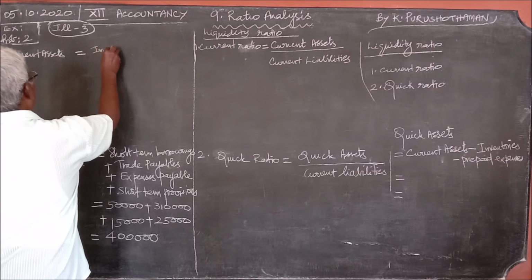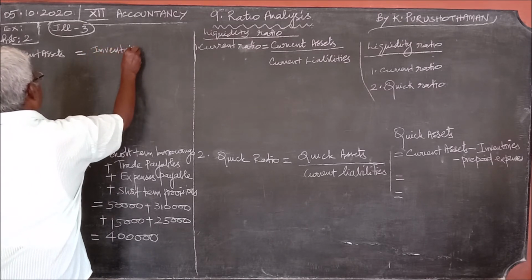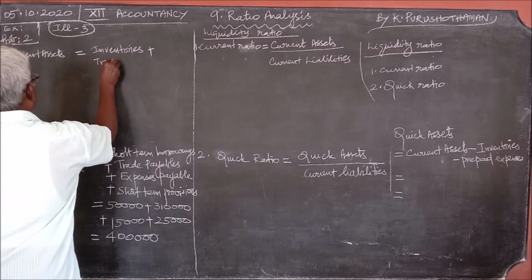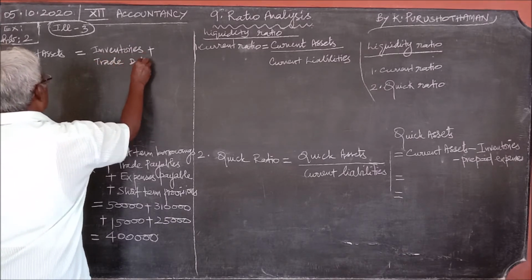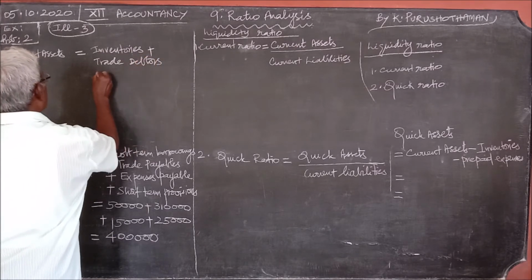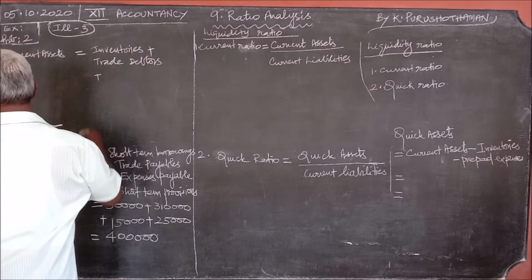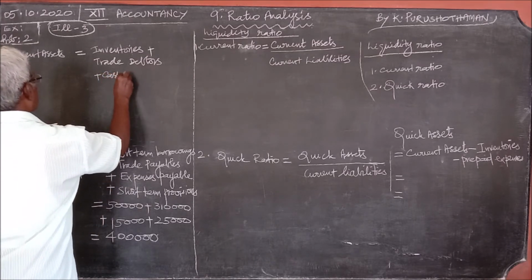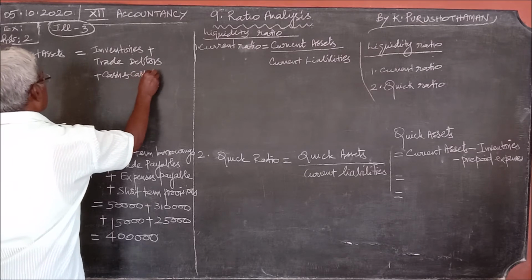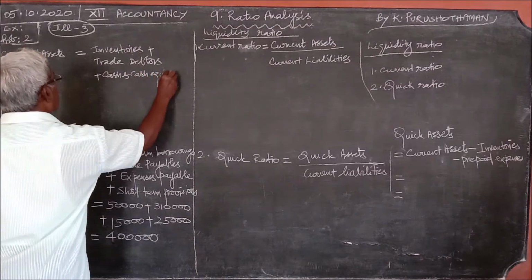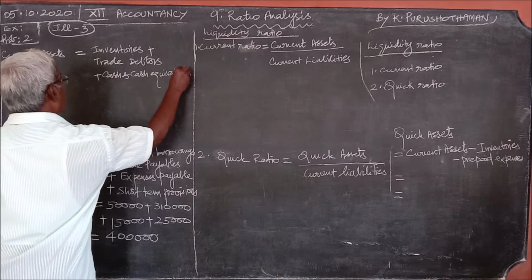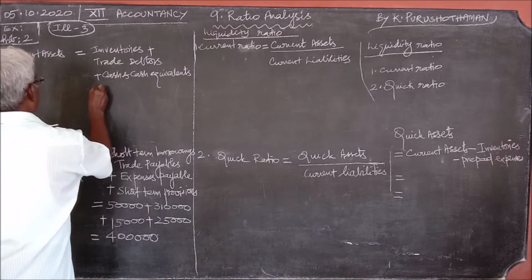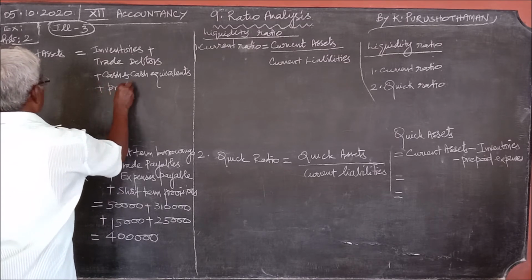Inventories plus trade debtors plus cash and cash equivalents plus other current assets, the prepaid expenses.